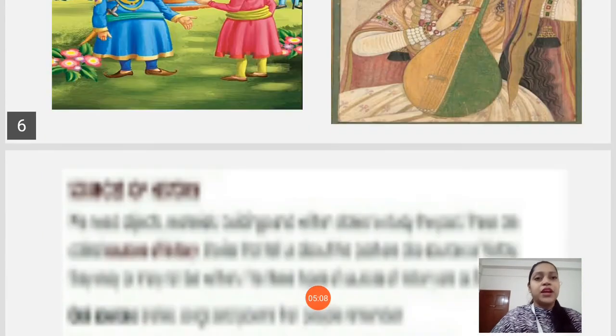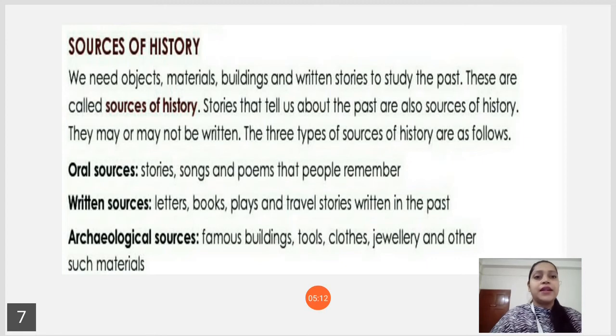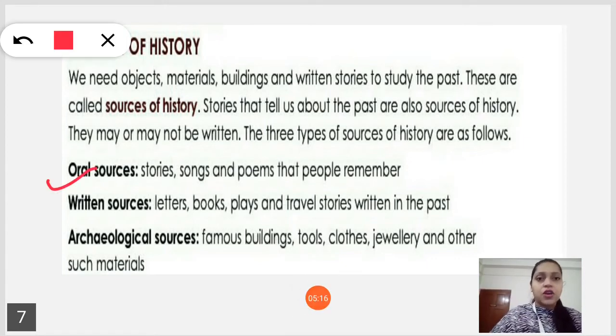Then we come to the written sources. What are the written sources? Written sources, children, are letters, books, plays and travel stories written in the past.